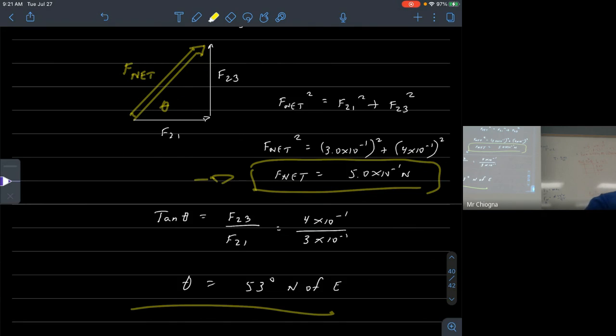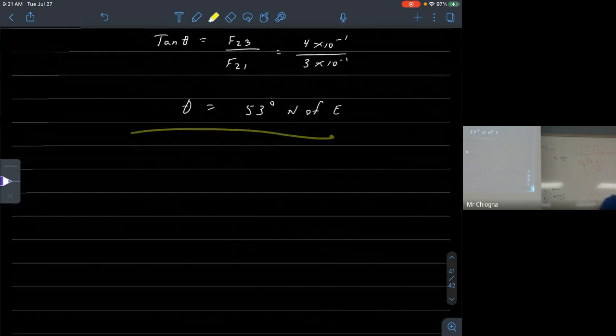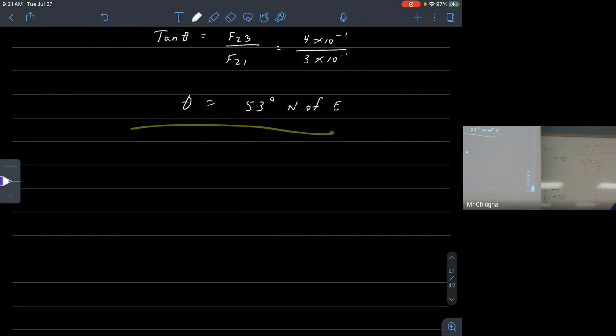Okay, electric field. Electric field, this is just new notes.